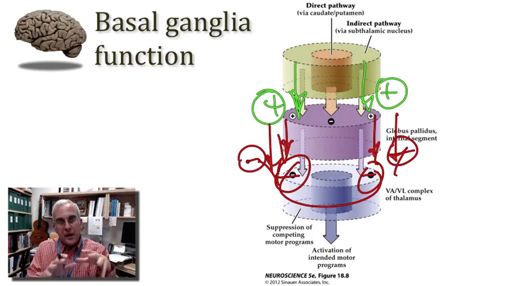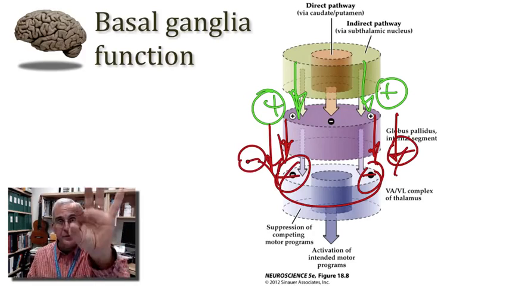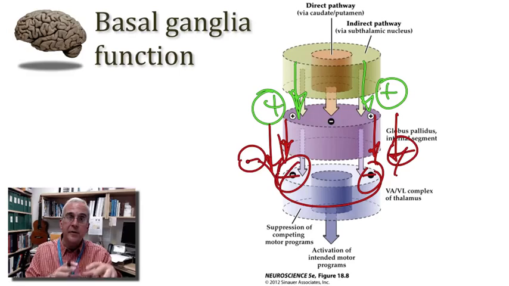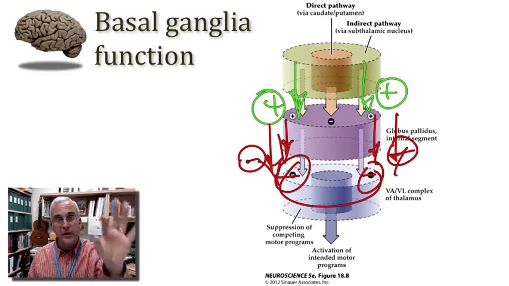And so the focused activation of a very particular motor program requires a shift in balance in favor of the direct pathway for this particular motion and the suppression of all the other unwanted movement programs that potentially could interfere with the goal of the behavior.